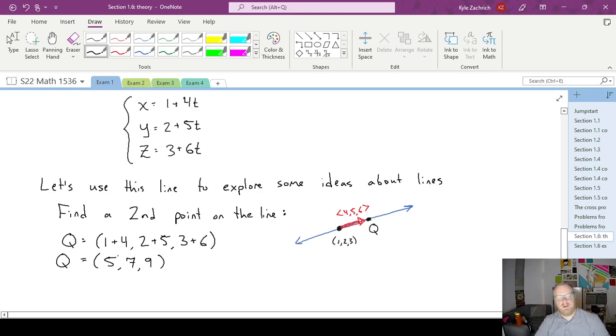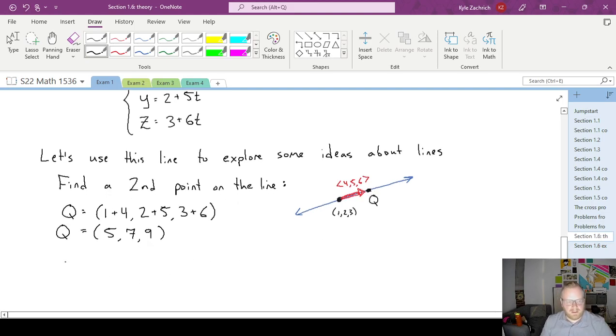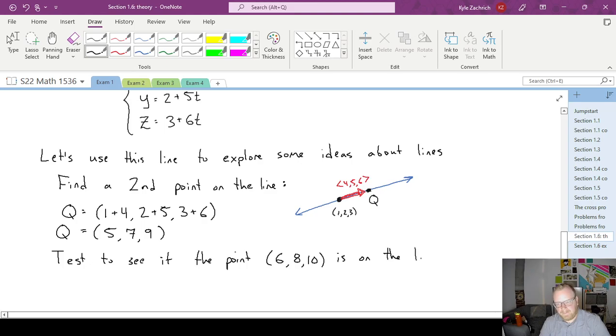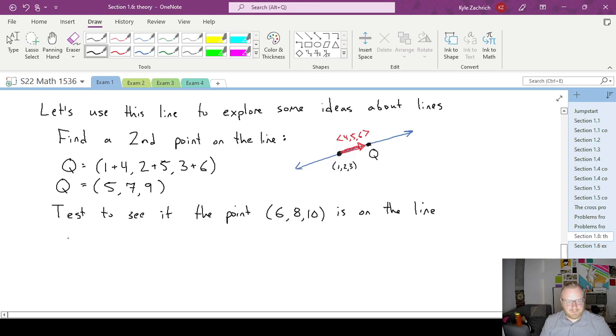That's one other point on the line, this point right here. We can also test to see if the point 6, 8, 10 is on the line. So again, we know the equations for these lines.